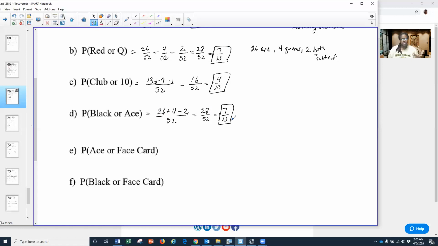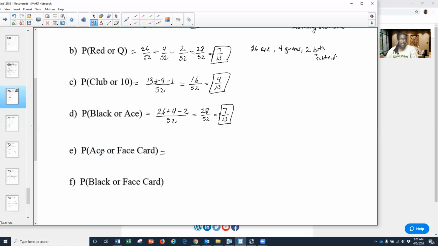So a lot of the numbers should be familiar to you as you move through the examples about the cards. You'll see, oh yeah, I know this is how many are in the deck. I remember, it's going to reduce to this. You don't even have to do it in the calculator anymore because you already reduced it before, right?